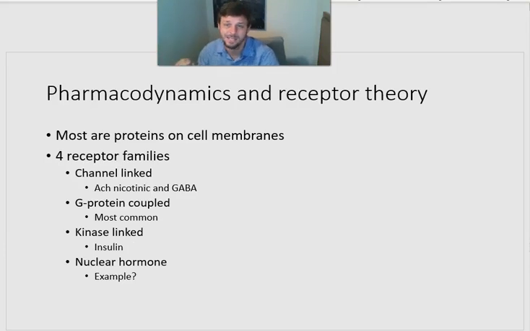For these, the receptor is not on the surface of the cell, but actually inside the nucleus, where they bind to DNA and act as transcription factors. There are things that bind hormone and DNA together to activate these. An example would be any of your steroid hormones, which have nuclear receptors, so they're nuclear hormones. Also, T3 and T4 act like nuclear hormones, even though they're not steroid hormones.